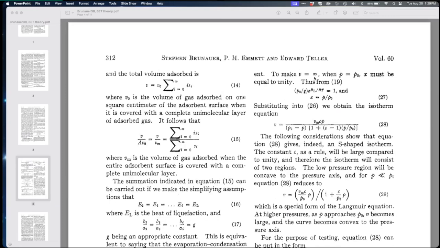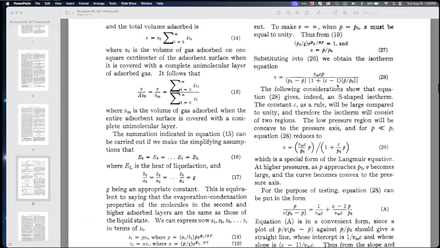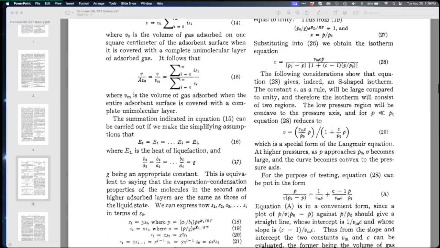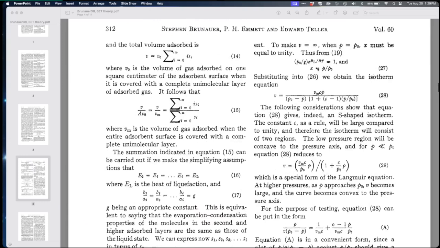And so they're saying to make V equal infinity when P is equal to P0, x must be equal to unity. Thus, from 19, these two things follow. We do the substitution, we obtain this isotherm. And that's equation 28, and that was what we formalized.